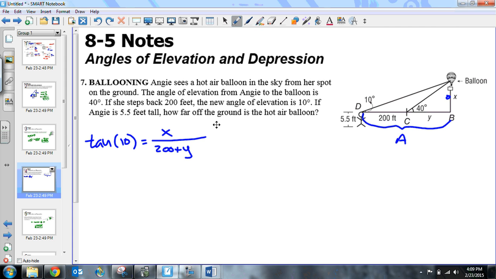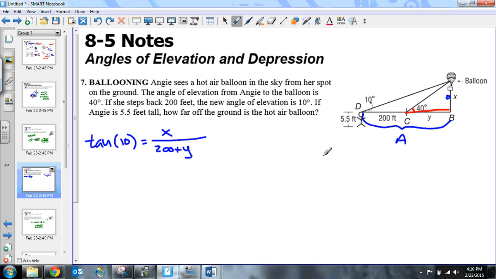Now that's just one of them. I have this other triangle here, because in order for me to solve for x, I need to know what y is. It's a lot of algebra that we've got to do. So let me do the one for this triangle here for 40 degrees.